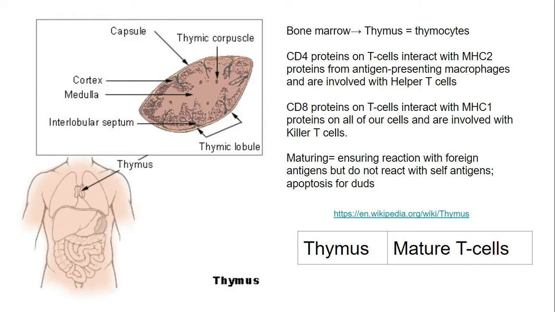So it's through this checkpoint in the thymus that we make sure the T cells will react when foreign antigens are present, but will not react when self antigens are present, like knowing who we are. So we don't initiate an immune response against ourselves, like in autoimmune disease, that kind of stuff.